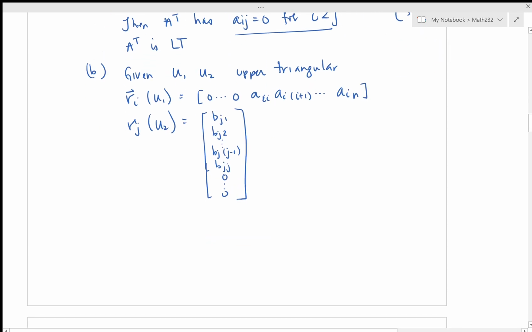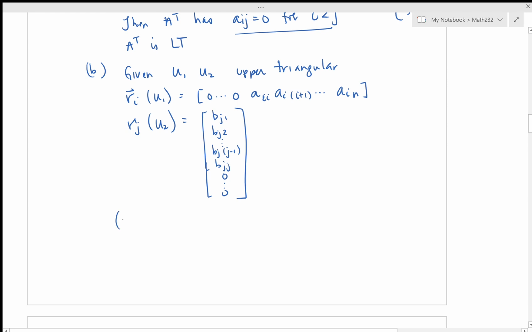Okay, so now let's form the product U1 U2 and look at the ijth entry. That is going to be the ith row of U1 multiplied by the jth column of U2. And that's going to be equal to 0 if i is greater than j, because you have zeros at the beginning and then you have zeros at the end.